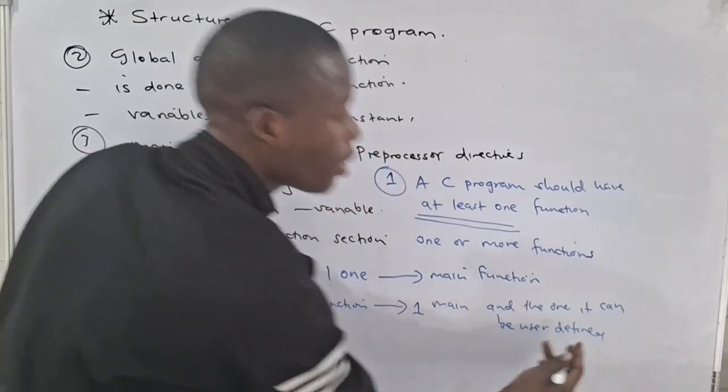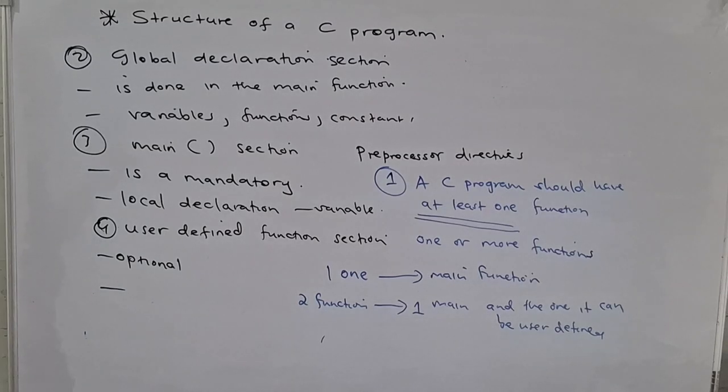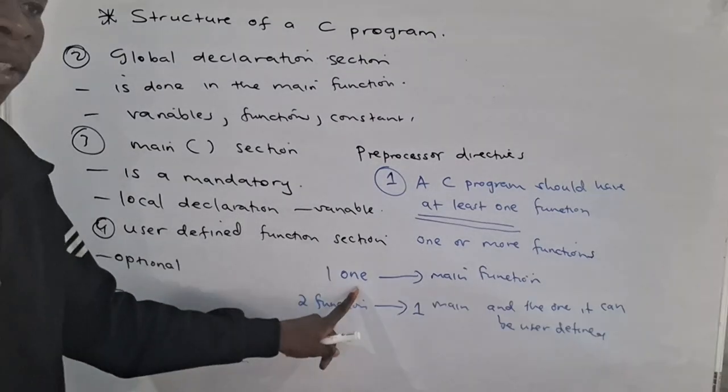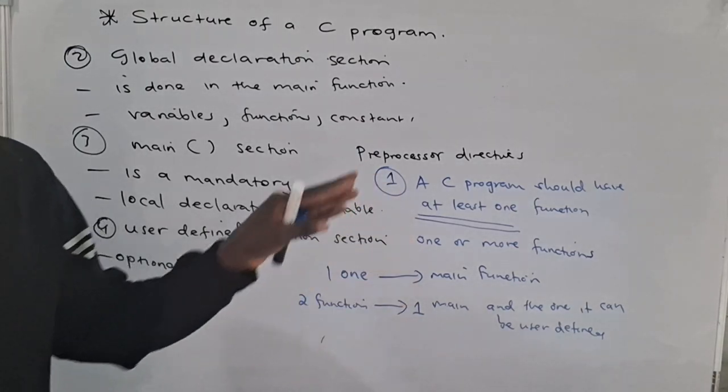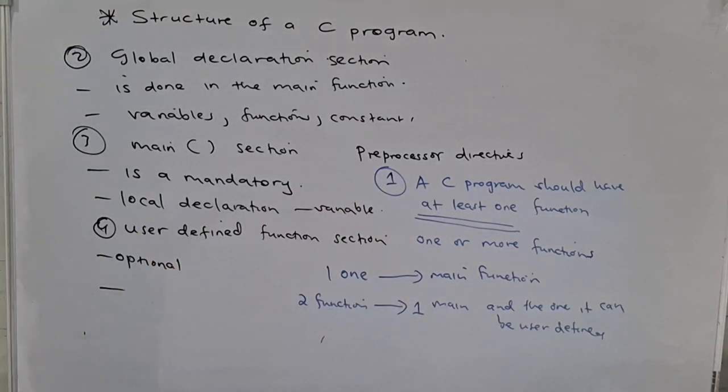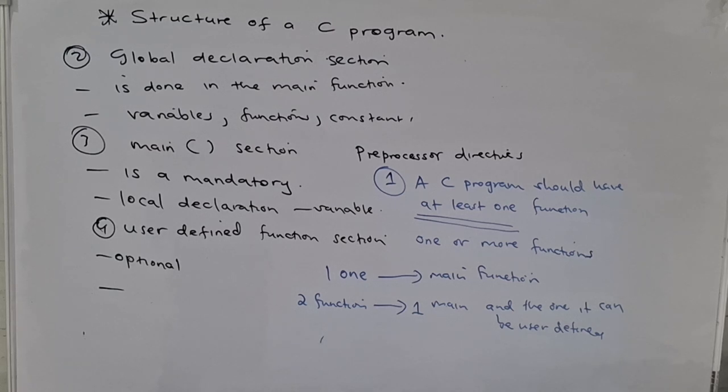The thing is this: a C program should have at least one function. If you have one function, that function is the main function. If you have two functions, one of them is the main function, and the other can be a user defined function.